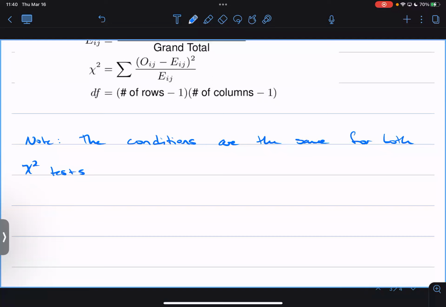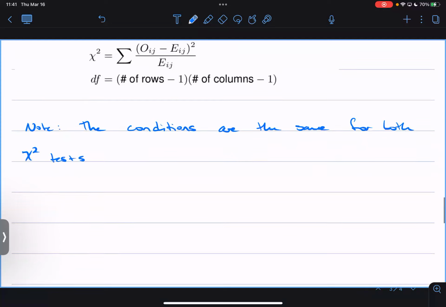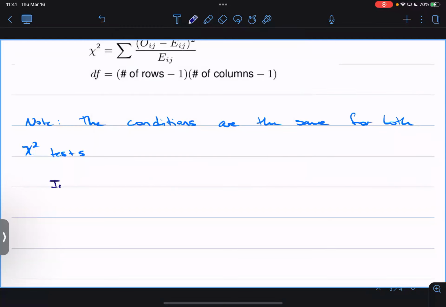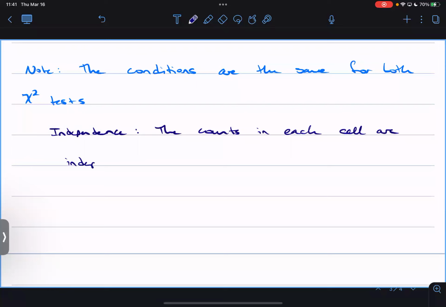So there are other chi-squared tests that we can do, but these are the most common ones. And so the first condition is independence. The counts are independent of each other, right? So the counts in each cell are independent of each other.